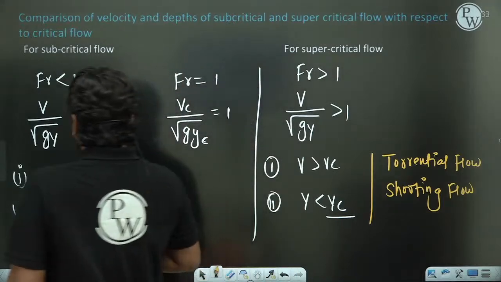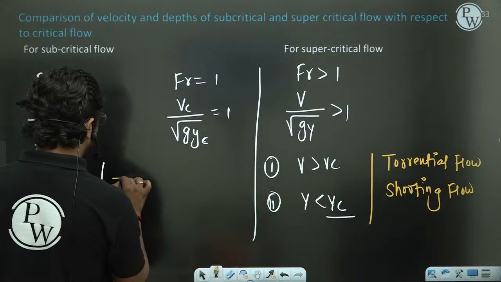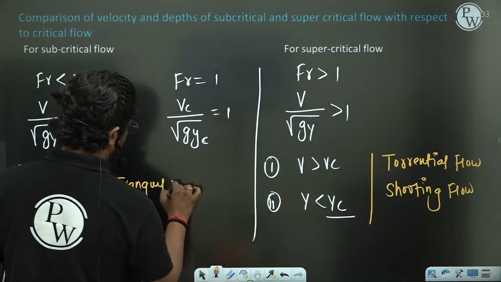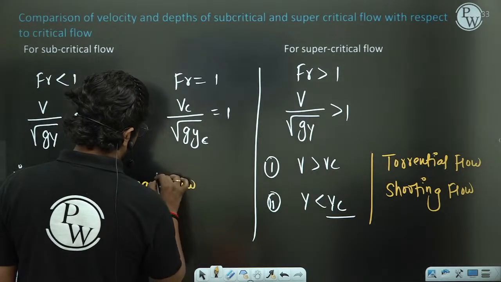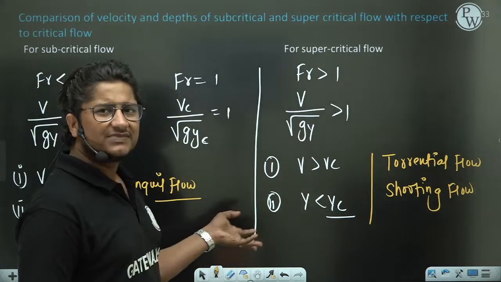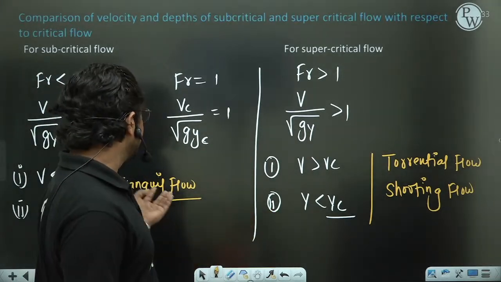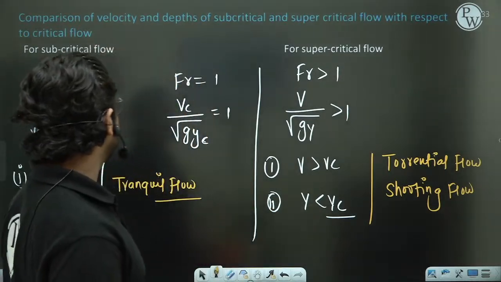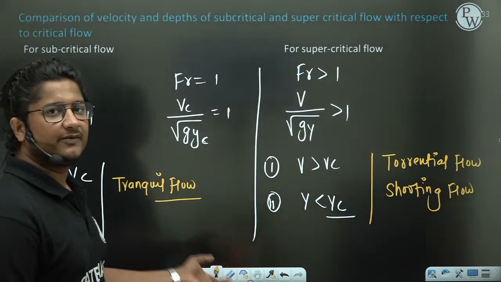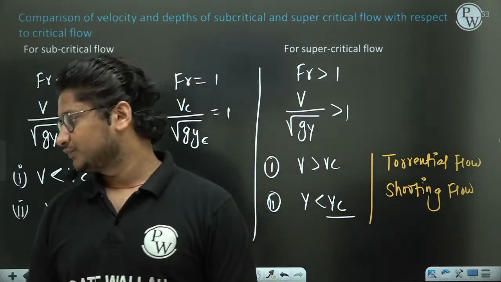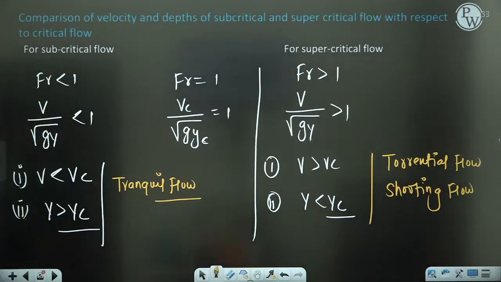Similarly, the subcritical flow we also call tranquil flow. Just a different name. Sometimes in GATE, they will give you this type of name so that you will get confused. So just be clear about that. Subcritical, another name is tranquil. Supercritical, another name is torrential or shooting flow. Kindly note it down quickly.